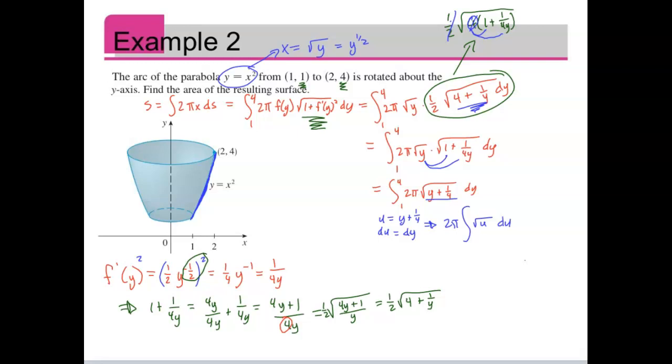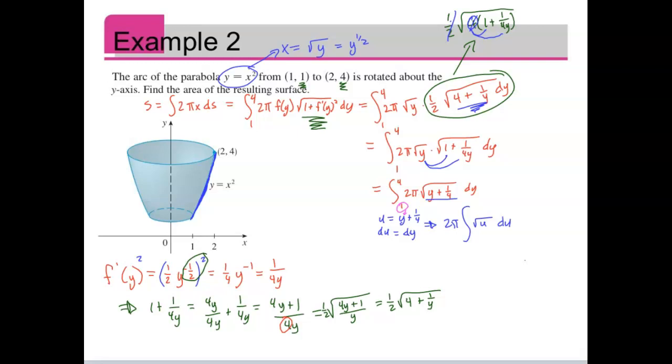So let's see, help me out again. When y is 1, what would u be? Five fourths. Yep.